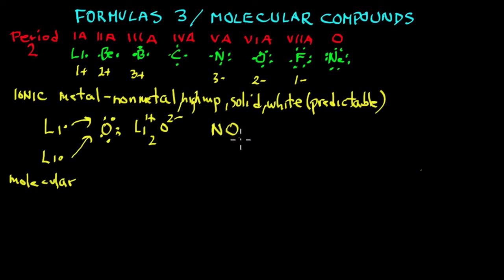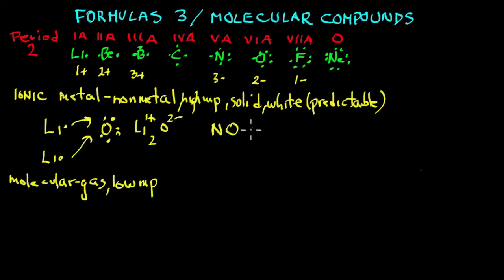So let's look at nitrogen and oxygen. Nitrogen and oxygen combine as 1 atom of each. They're gases normally. They have extremely low melting points, way below 0 Celsius. So they're a gas at room temperature.